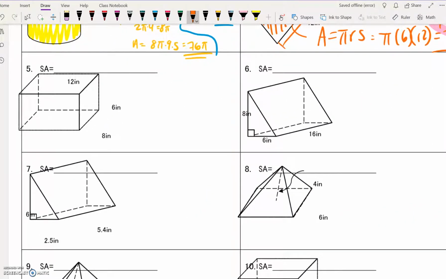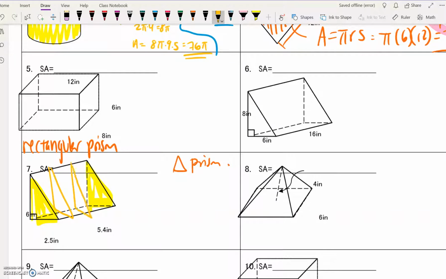So this one is your surface area of your box, which the formal term is a rectangular prism. This one down here is a triangular prism. And remember, a prism is where you have the 2 bases that match, and the whole shape is made if you stack a bunch of those bases on top of each other.